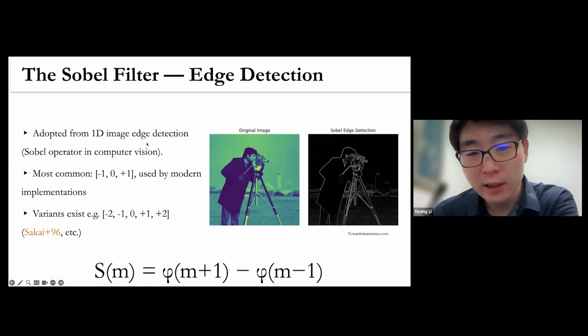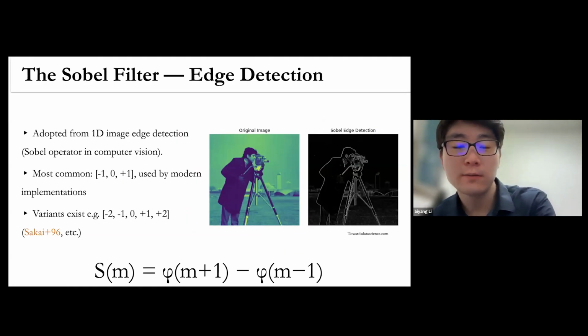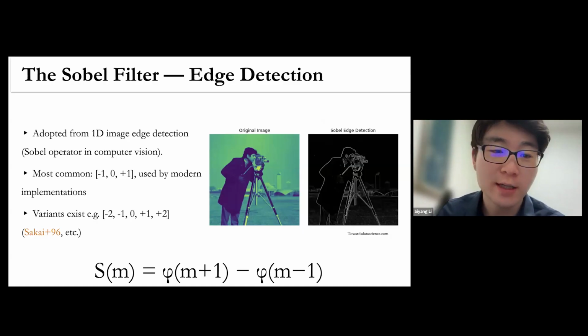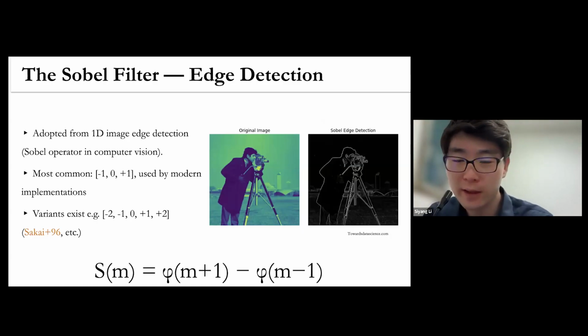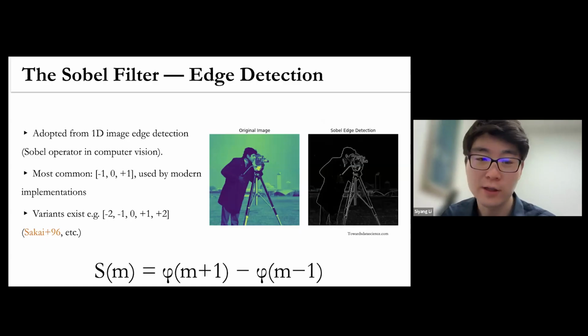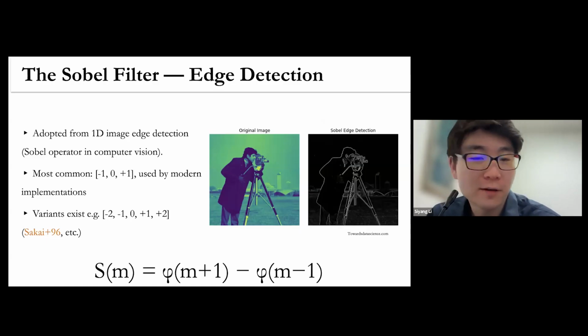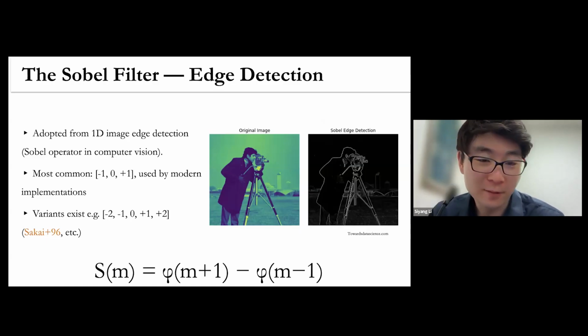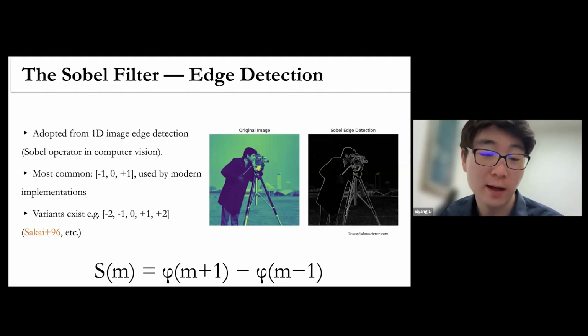After we smooth the luminosity function, we then apply an edge detection. Essentially, we want to find the first derivative of the luminosity function. Of course, we don't know the equation of the luminosity function, so we apply what we call a Sobel filter, a kernel, to measure the first derivative from each of the bins.